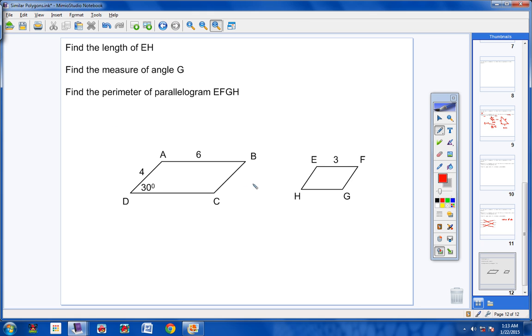Now, take a second and copy down these two parallelograms, okay? And we are told they are similar. So make sure you make note of that, okay? I'll give you just a minute. Please copy down these parallelograms.